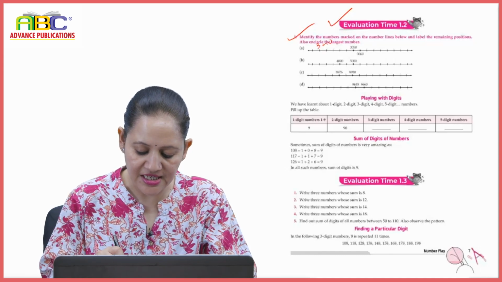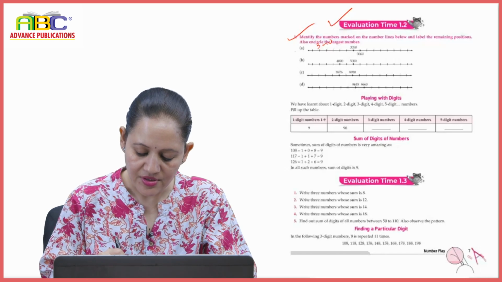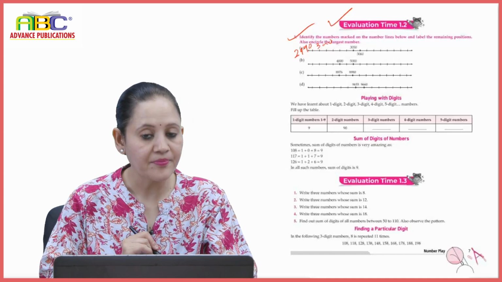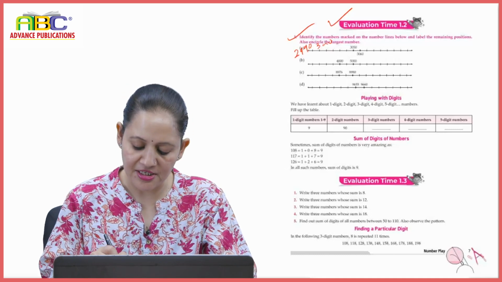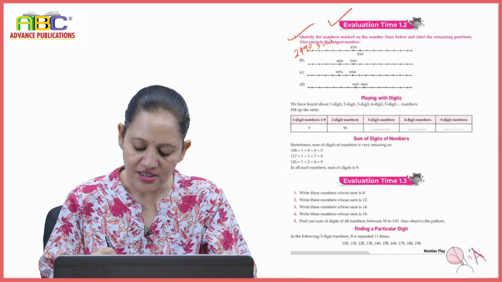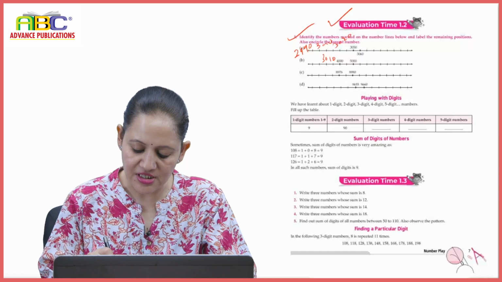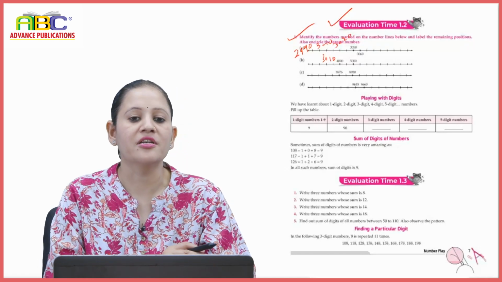And here it will be less, 2990, because the gap is 10: 2990, 3000, 3010, 3020, 3030, 3040. Like this you will mark the numbers.